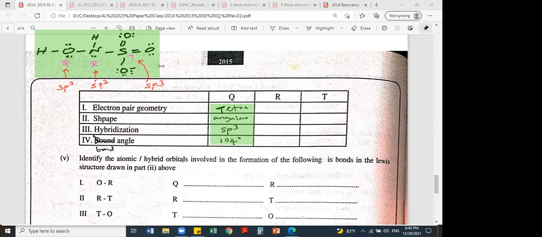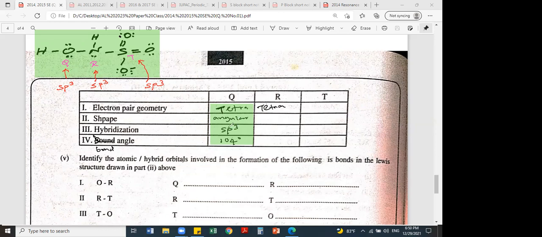What about R? Sishan gave the answer trigonal planar, angular. No, electron pair geometry, Sishan, not trigonal planar. For R, the electron pair geometry is tetrahedral because there's a lone pair. Electron pair geometry means including the lone pair. R is tetrahedral, I mean just tetra.